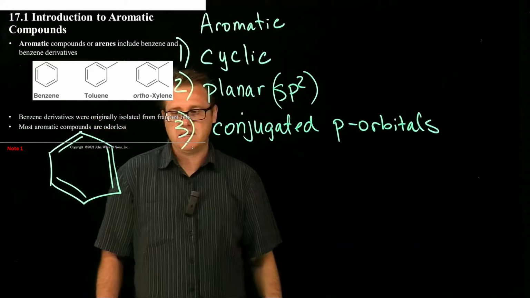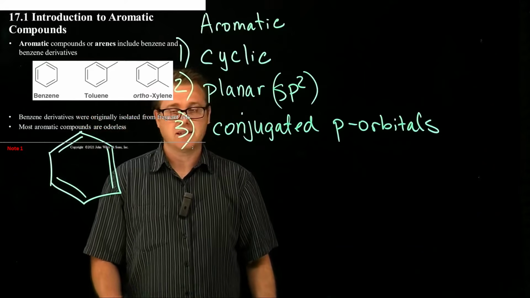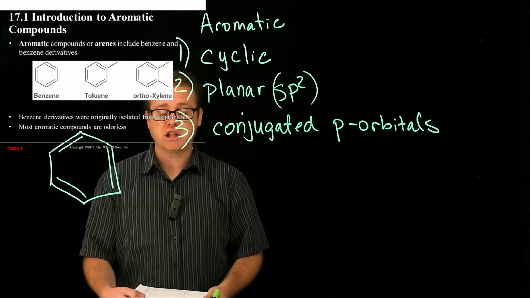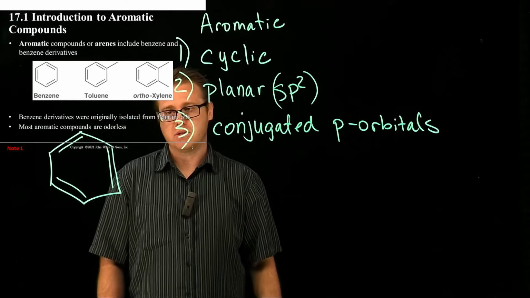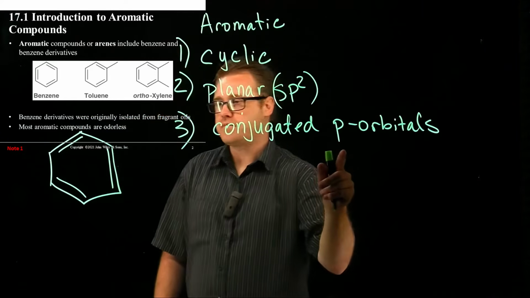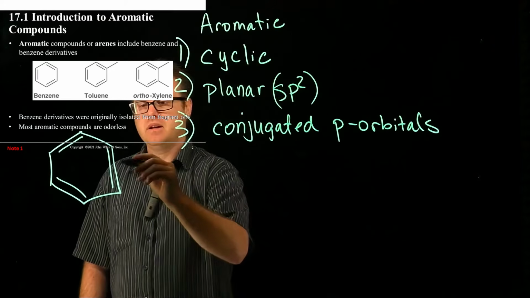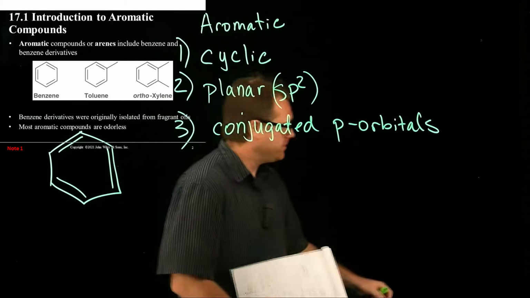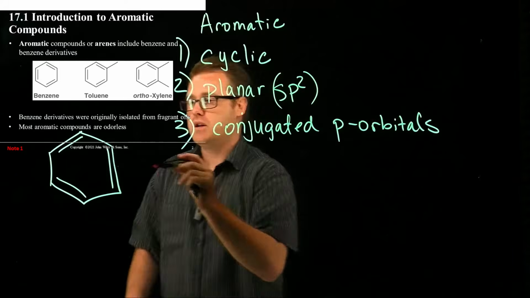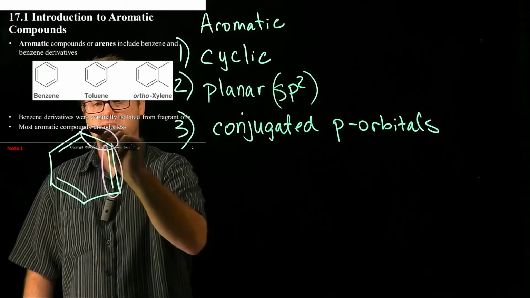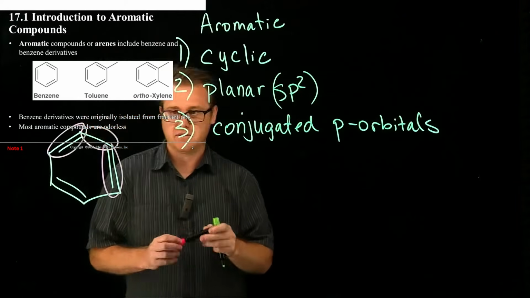The quick and easy way to know if a cyclic compound has conjugated p orbitals is you're looking for conjugation. That is where you have a double, single, double, and it alternates.